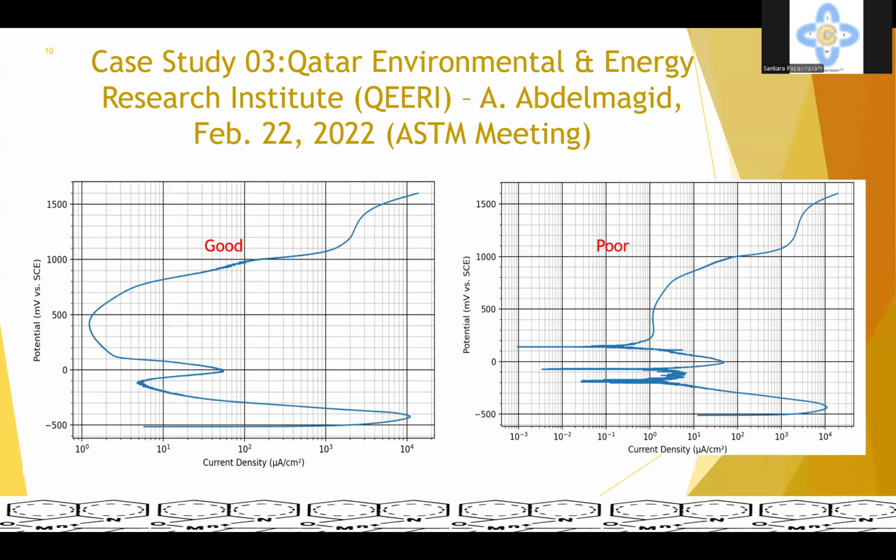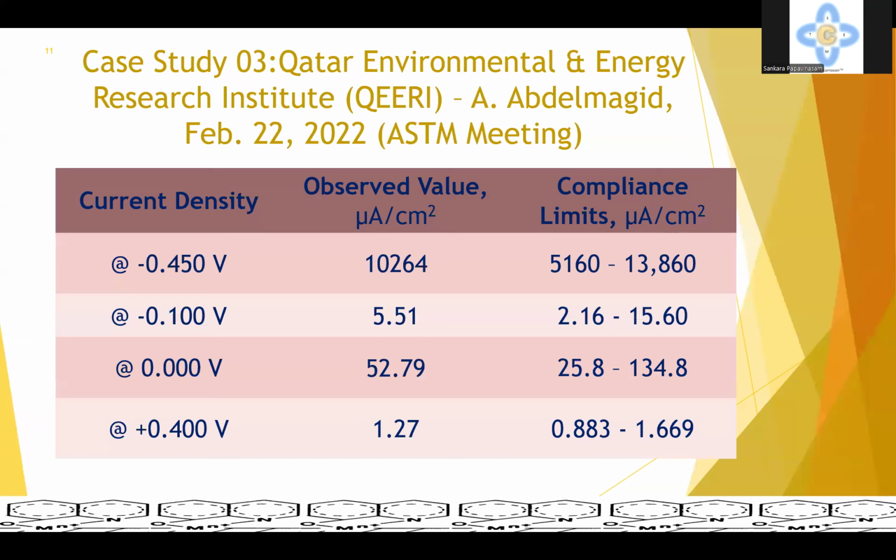Looking at this graph is a bit confusing, so ASTM also put out the range at 4 potentials. If you get the current density within the range, then the lab is qualified. So that way, precision gives us confidence in the data that we produce.